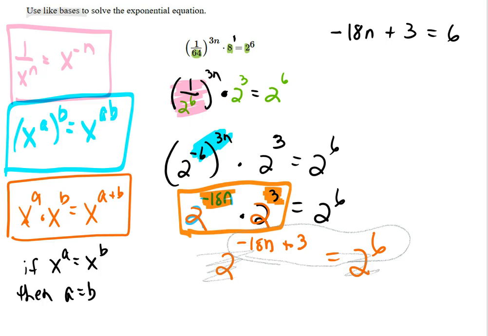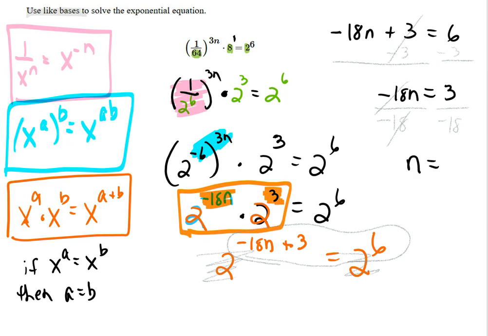First thing I'm going to do is subtract 3 on both sides, so that cancels out. And I get negative 18n is equal to 6 minus 3, which is 3. And then to get rid of the negative 18, you have to divide it off because it's multiplied onto that n. And negative 18 divided by negative 18 is a positive 1n.